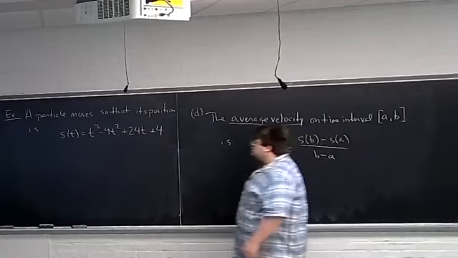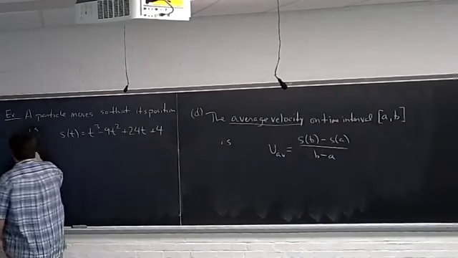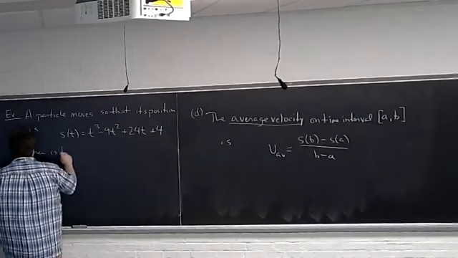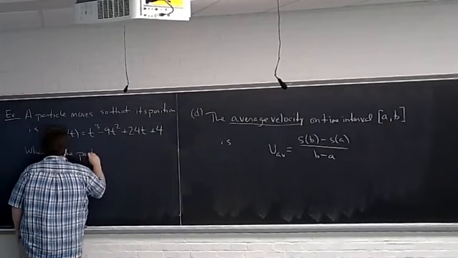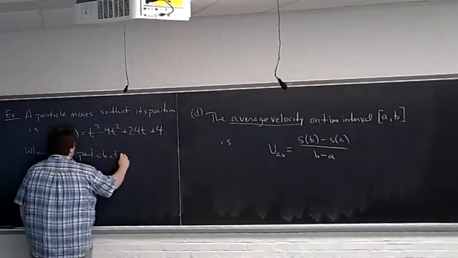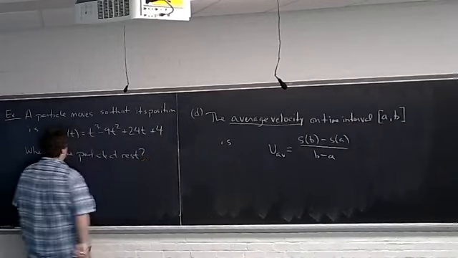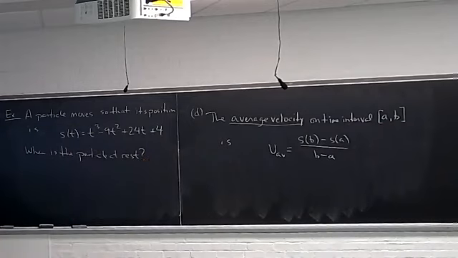When is the particle at rest? That's our question here. Well, when a particle is at rest, it's not moving. It's not changing its position. How can we figure out when the position is not changing?